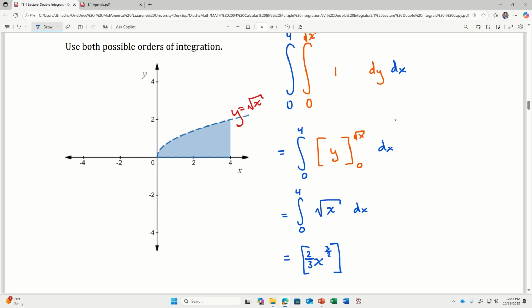We could also multiply by 2/3, right? And then we plug in upper bound 4, lower bound 0. What's 4 to the 3/2 power? 8. And then we take our 8 and multiply it by 2, and we get 16/3.